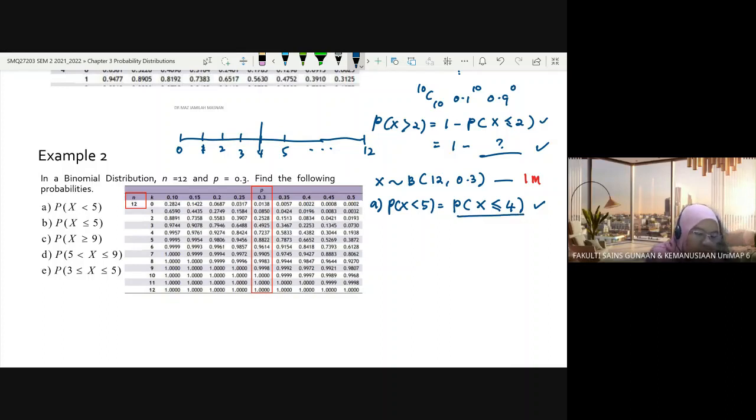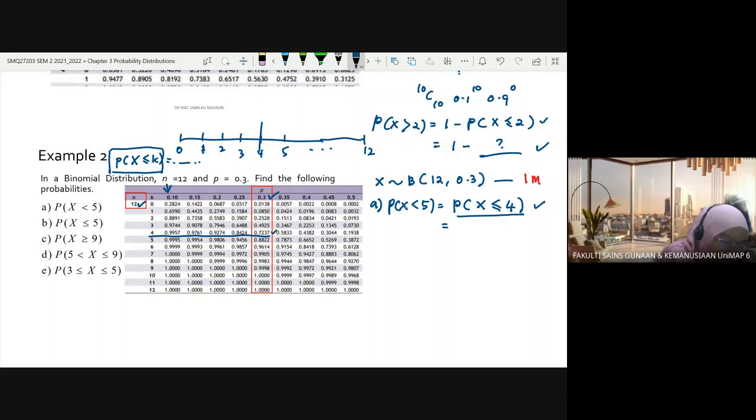Because remember class, this is a cumulative table. The cumulative table says P(X less than or equal to k). So we are trying to come up with this notation so that we can use our binomial table directly. That's why we transform less than 5 to less than or equal to 4. From this, we can use our table. Look for n = 12, look for p = 0.3, and we are talking about less than or equal to 4.